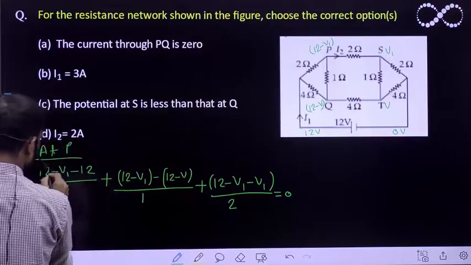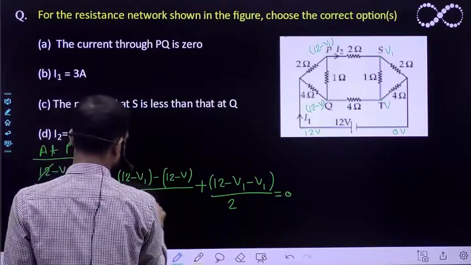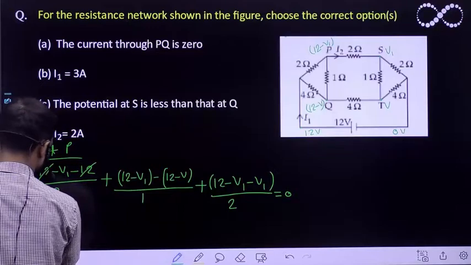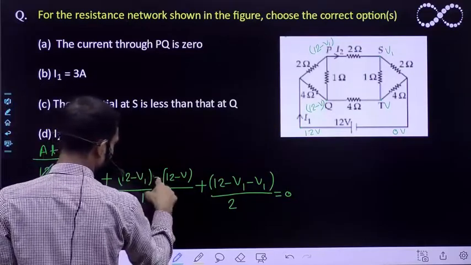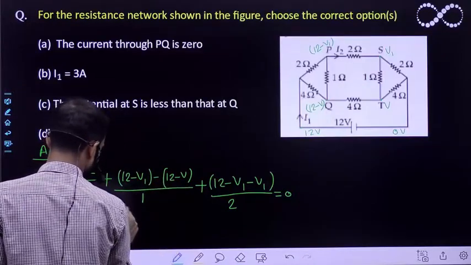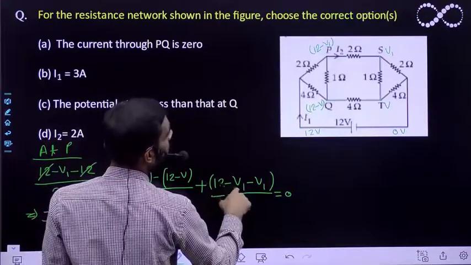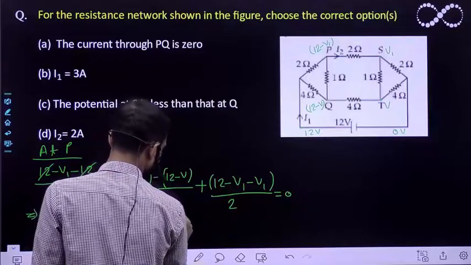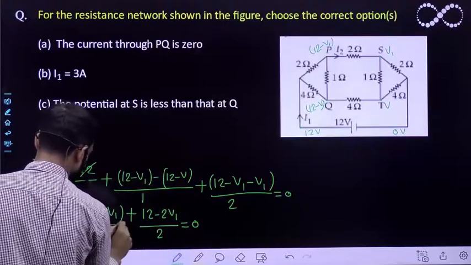Let us simplify this. This will get cancelled out. This will become minus V1 upon 2. This will also get cancelled out. So this is becoming minus V1 upon 2 plus, from here this will get cancelled out, so we will get minus minus plus. This will become V minus V1, plus here you will get (12 minus 2V1) upon 2, and that is becoming 0. So you can multiply here 2 with 2 here.